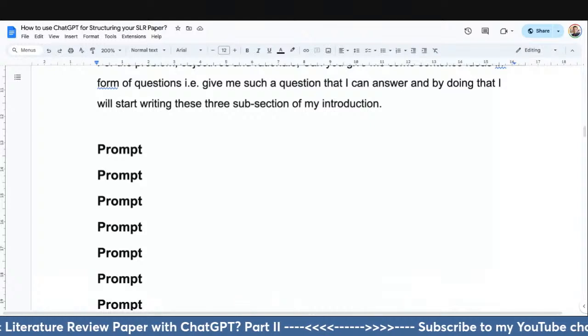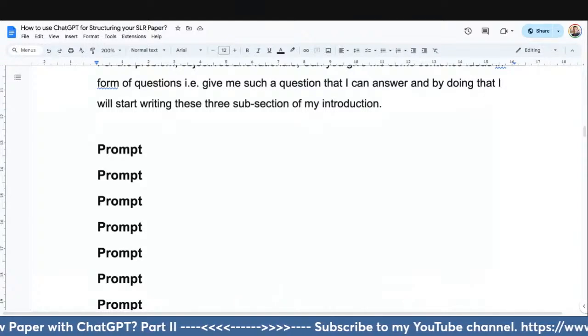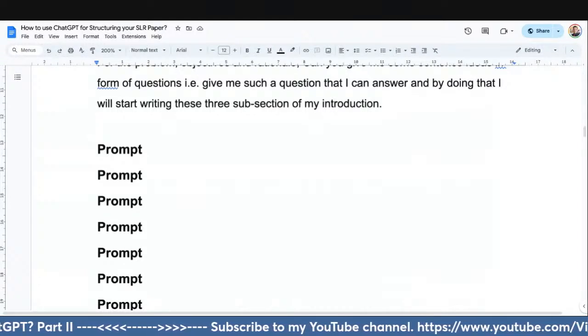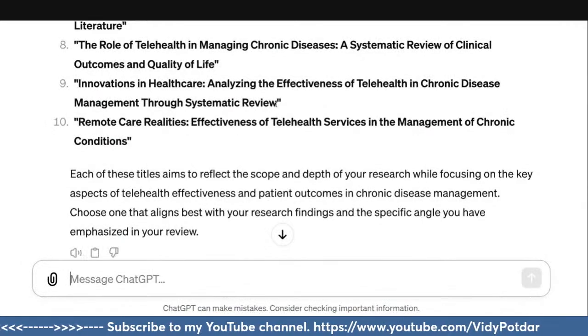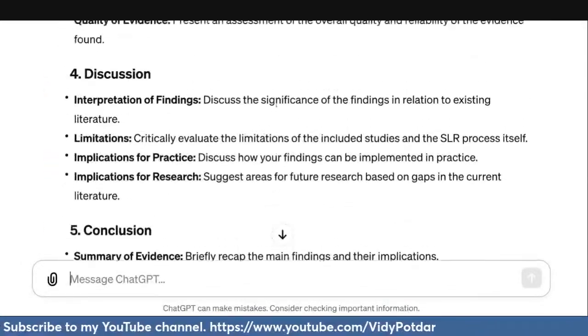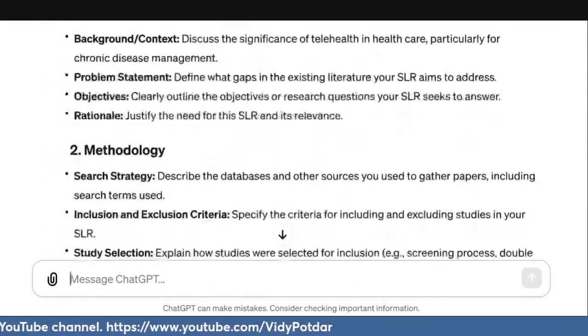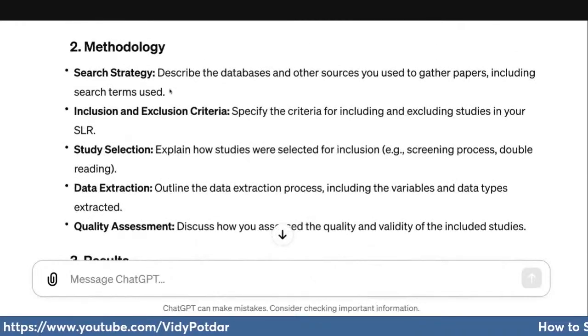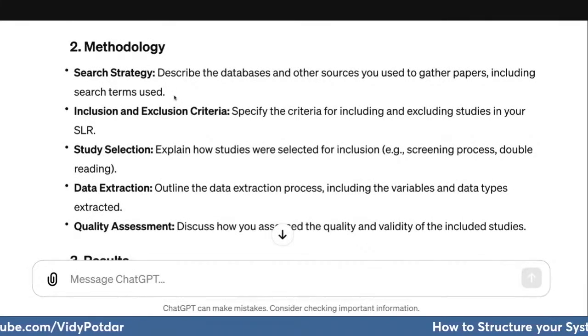All right. Next, the next section of your introduction, if you go back here and see, is on methodology. So we can follow a similar approach.